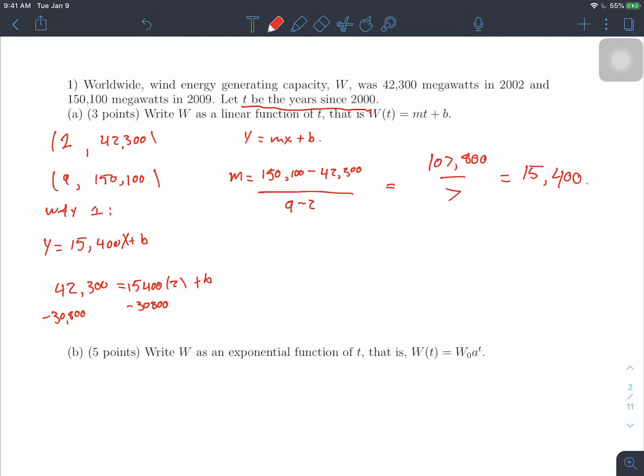And let's see what we get. 11,500 is equal to b. Therefore, our equation is going to be y equals 15,400 x plus 11,500.